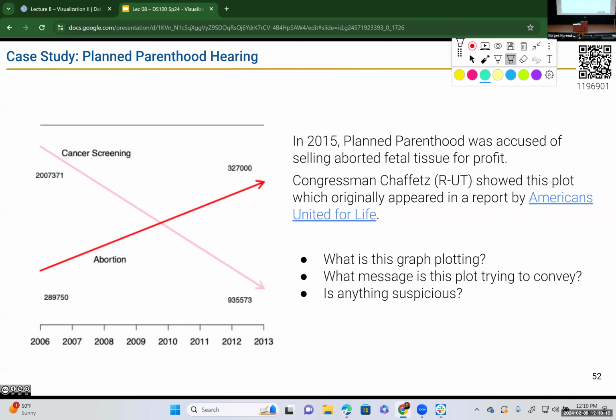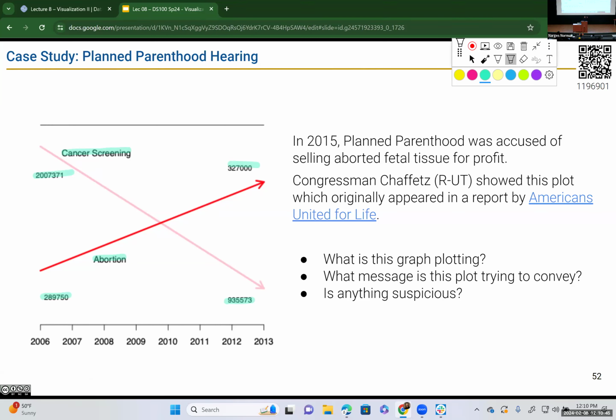The issue was that they showed two different phenomena on the plot, arguing that the number of cancer screenings dropped from around 2 million to 900,000 from 2006 to 2013, and that the number of abortion cases went from 289,000 to 327,000.